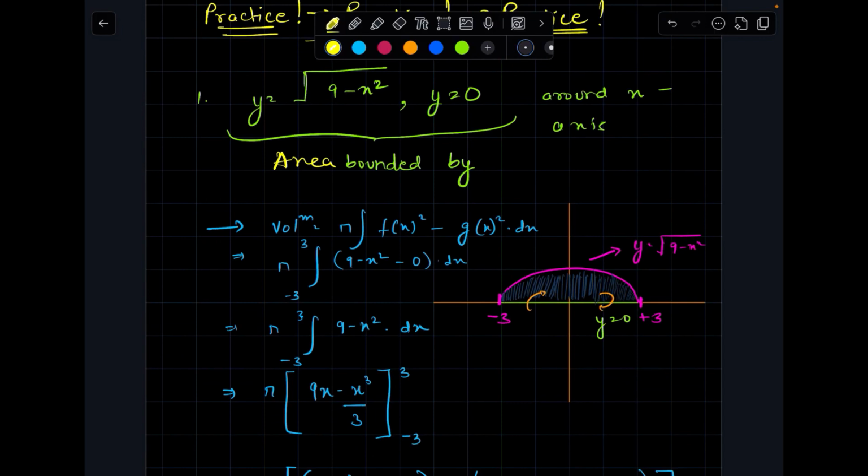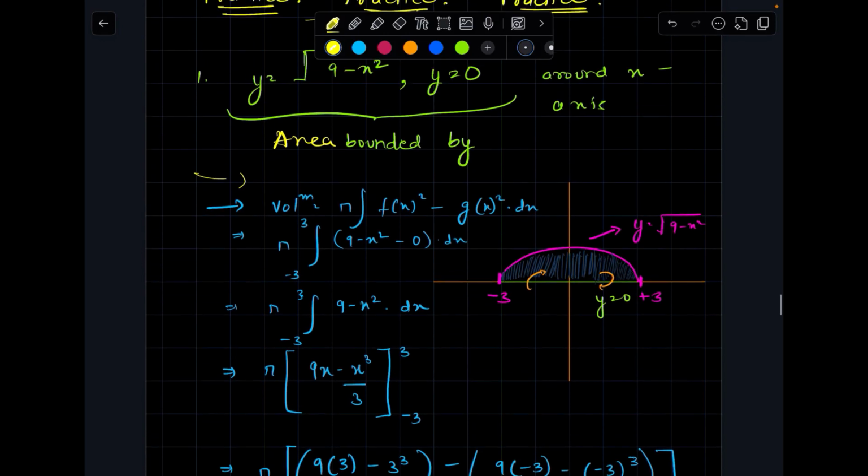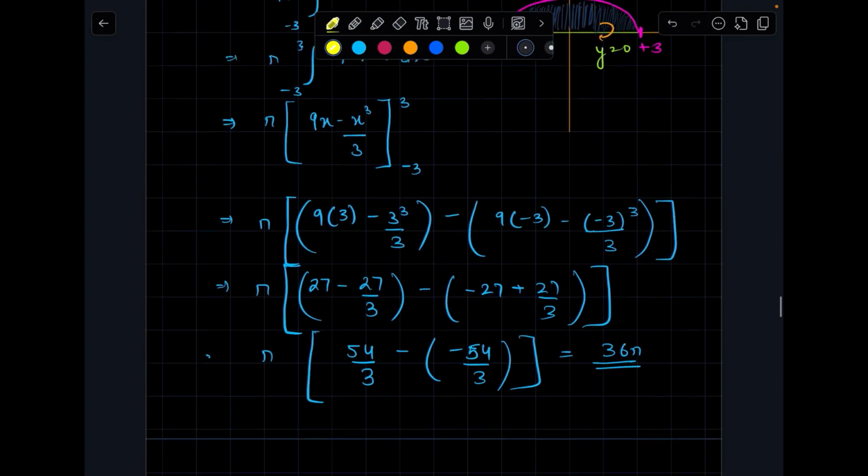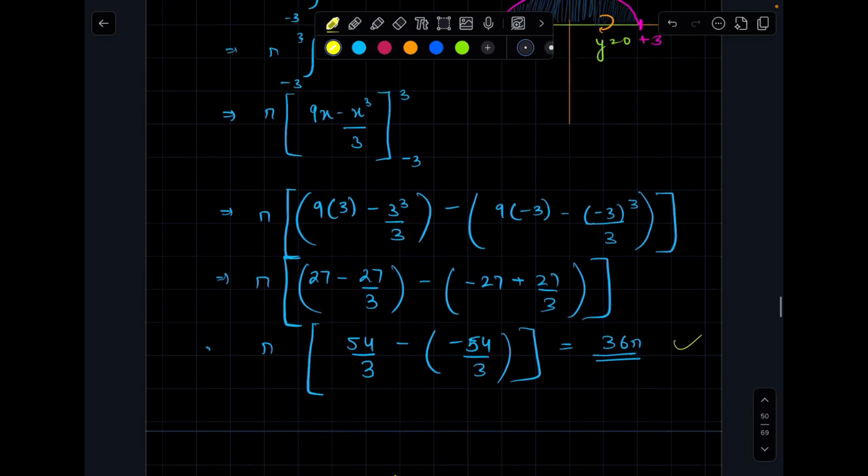So the formula is, of course, pi times the integral of f of x squared minus g of x squared, and the limits are minus 3 to positive 3, since that's the radius of the semicircle on the x-axis. We'll input the values, solve the integral, and our answer should be 36 pi.